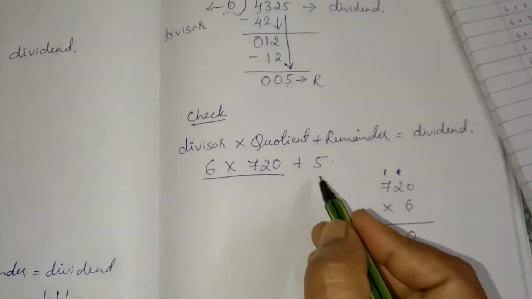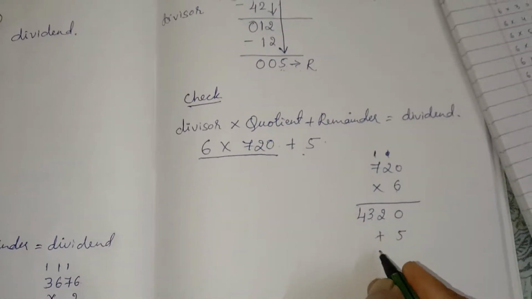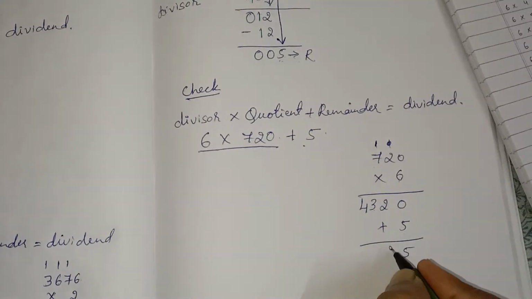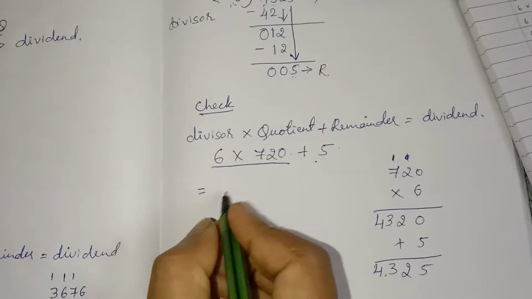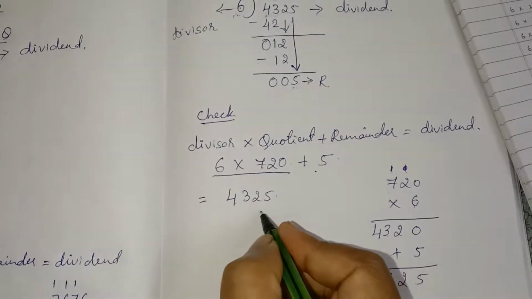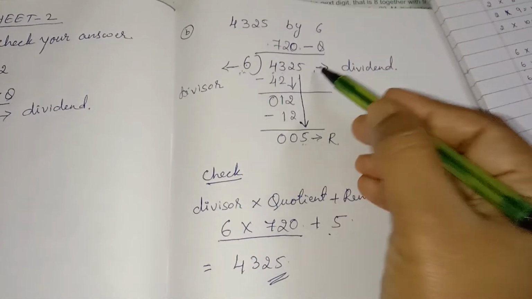Now add 5 to this. 0 plus 5 is 5. 2, 3, 4. Here we got 4325, the exact dividend. Got it, children?